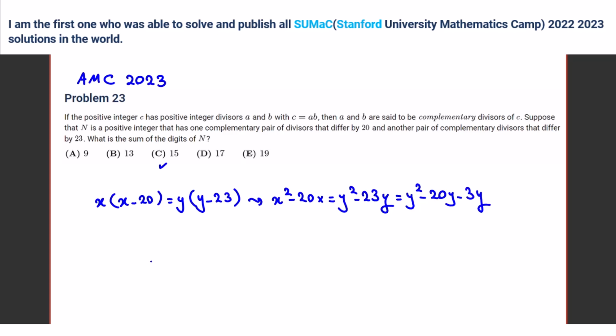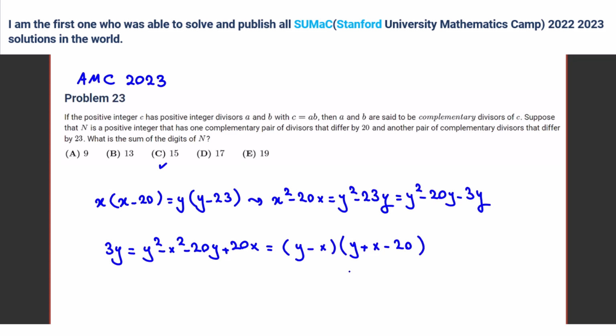So then 3y is equal to y squared minus x squared minus 20y plus 20x. Yes, then what? So that factors into (y plus x minus 20) times (y minus x).